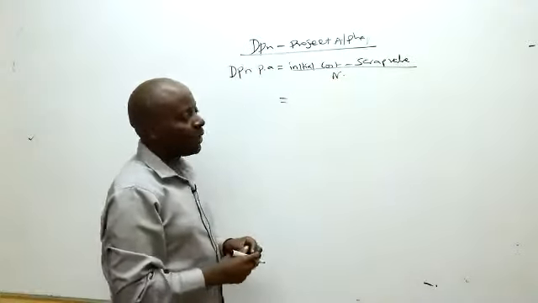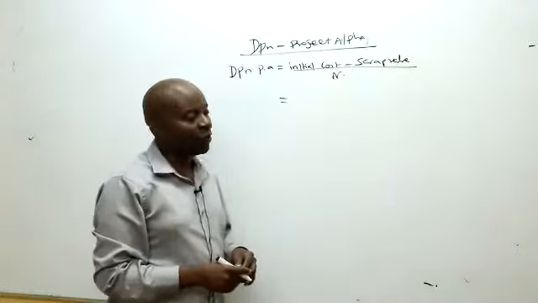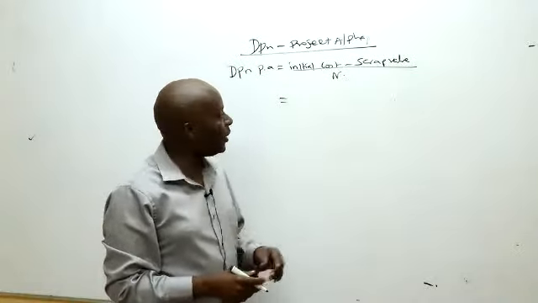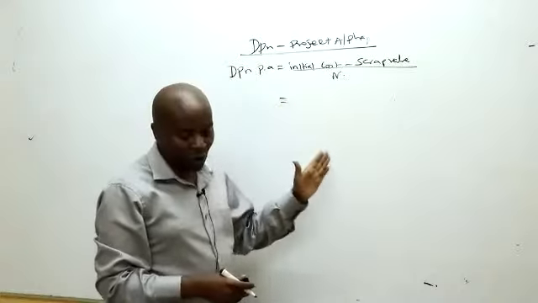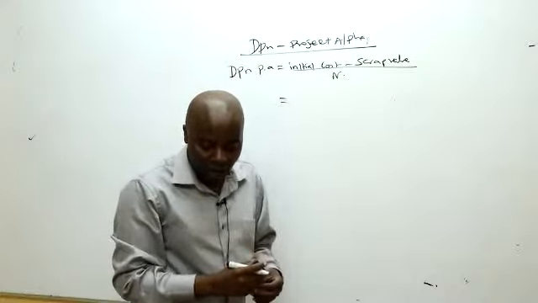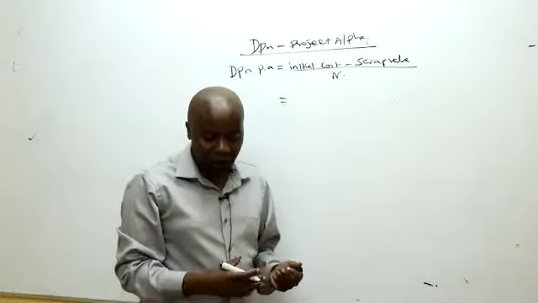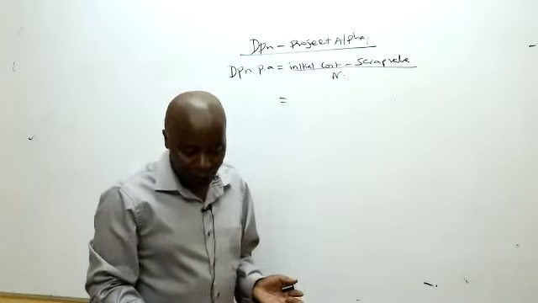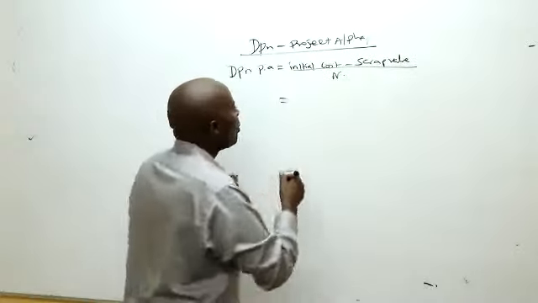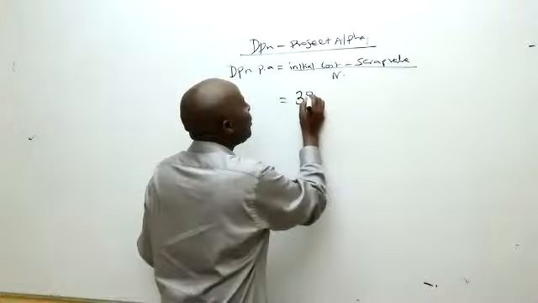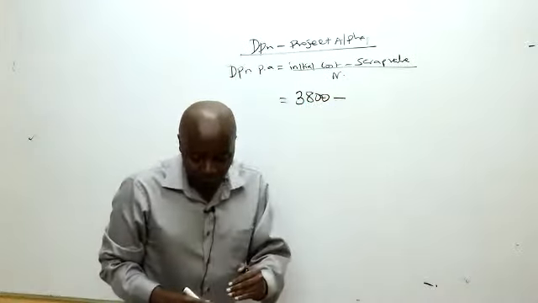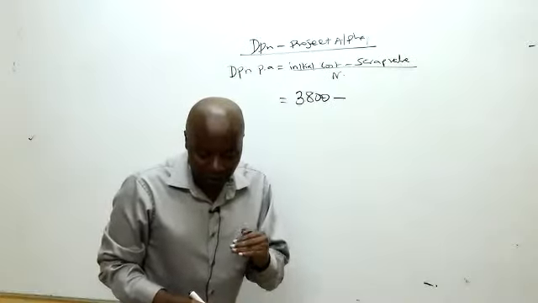Initial cost minus scrap value all over number of years. So please come and give us the initial cost of project Alpha. They have told us in note number 1, project Alpha costs 3.8 million. Let's use shillings thousands to be consistent with what is given up there. So this will be 3,800 minus the scrap value as per note number 3.